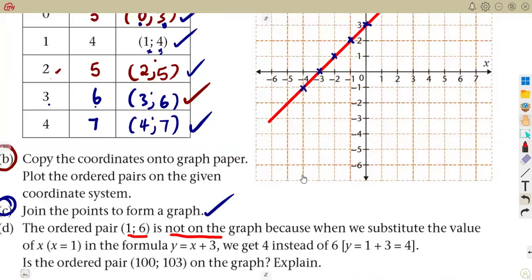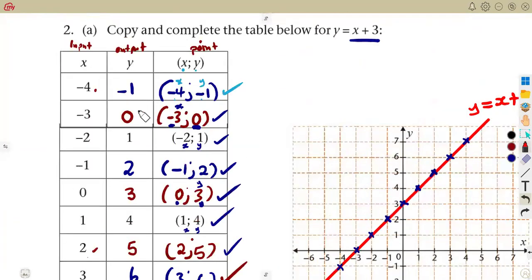If you check what was happening here, when you substitute -4, you got -1. -3, you got 0. -2, this one. -1, this. So these points are ordered and maintain each other from this graph.